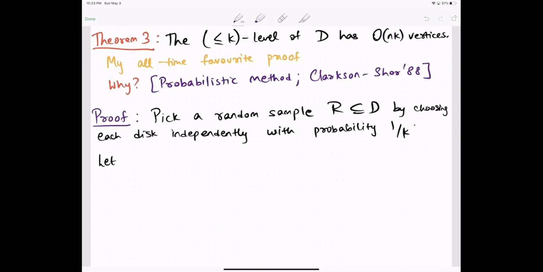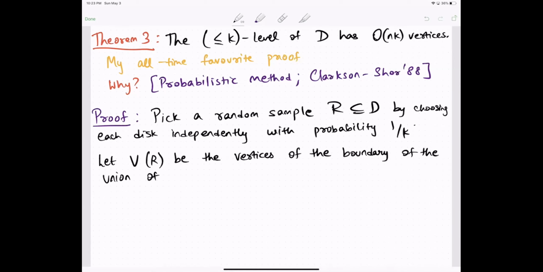Okay, so now it's time for some definitions. Let V of R be the vertices of the boundary of the union of R. So you looked at this random sample that you got, R, and conceptually compute their union.